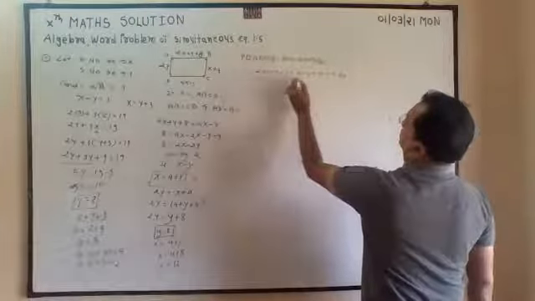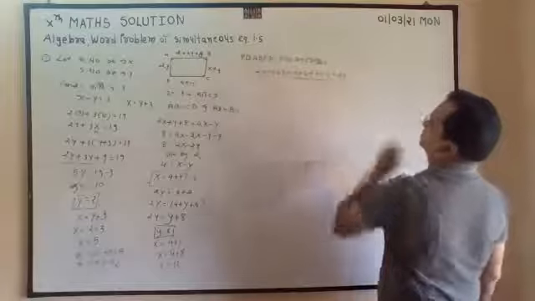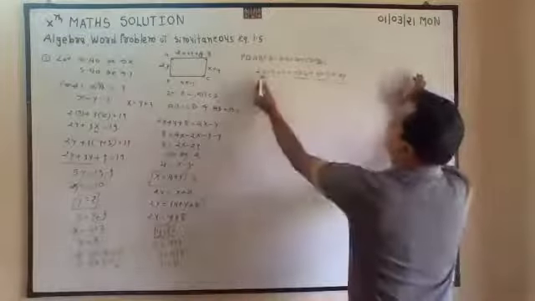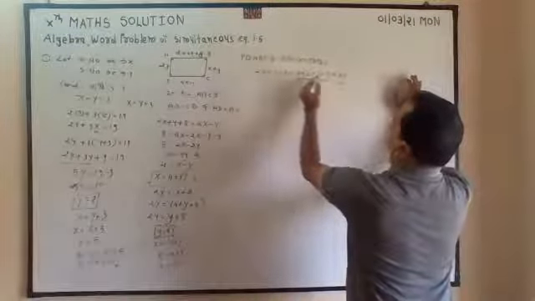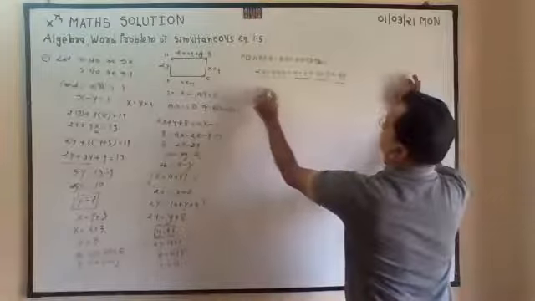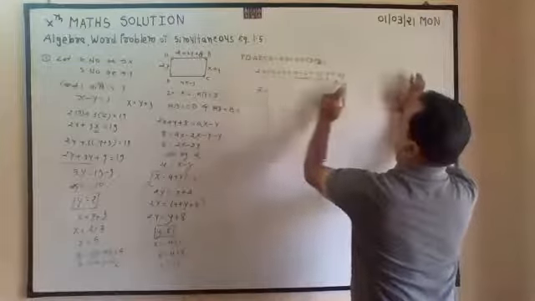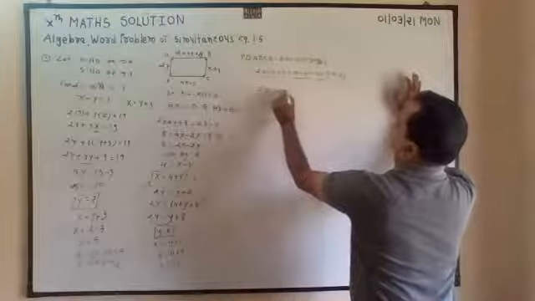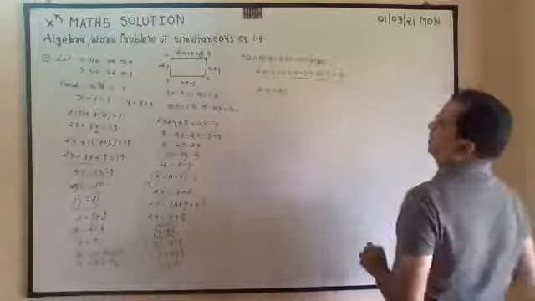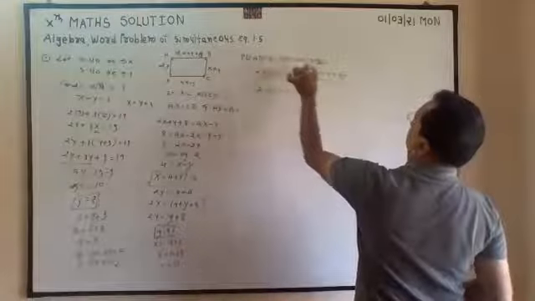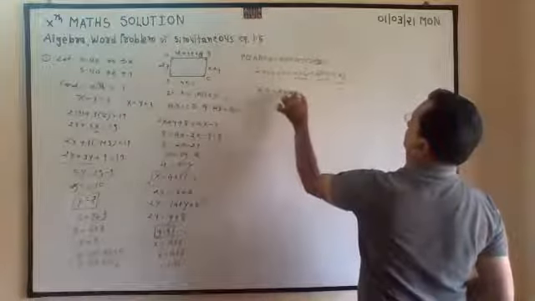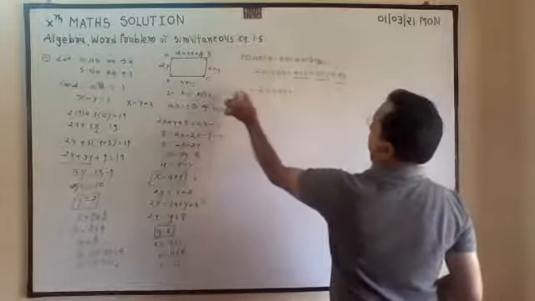So first, second, third and fourth side. Count x: x, 2x, 3x, 7x. y minus y is 0, plus 2y. The numbers are only 8 and 4. This is the perimeter.